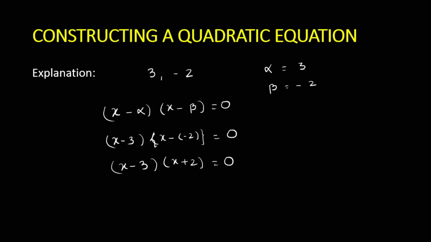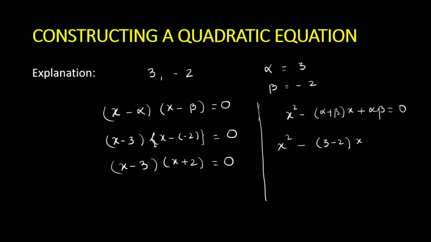In the other form, we can write this as x square minus the sum of roots, alpha plus beta, into x plus the product of roots, alpha into beta, equal to 0. So we have x square minus, the sum of roots is 3 minus 2, so we write 3 minus 2 into x plus the product of roots, 3 into minus 2, equal to 0.